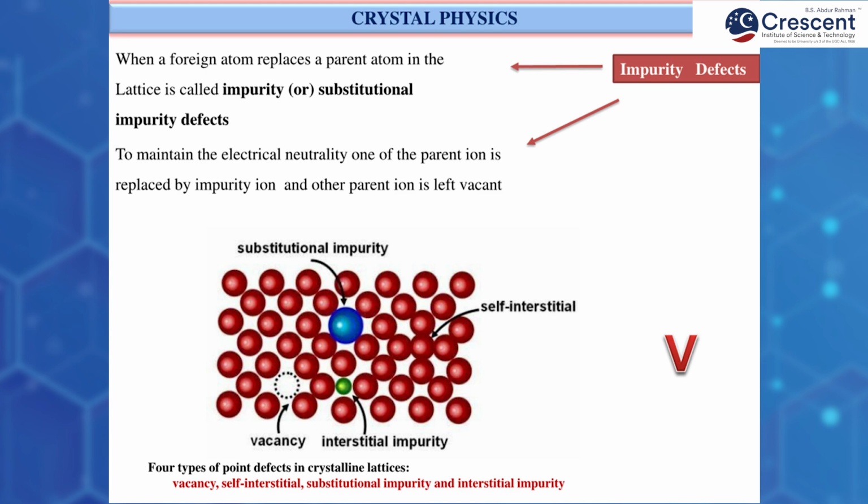This type of impurity is called a substitutional impurity. So in this diagram, self-interstitial, substitutional impurity and interstitial impurity are all shown as point imperfections.